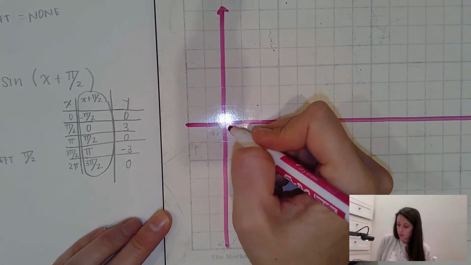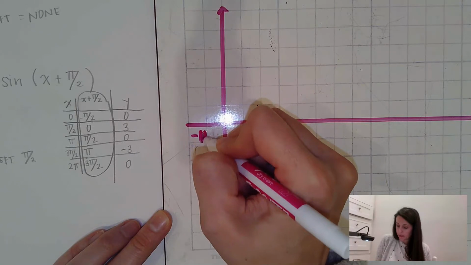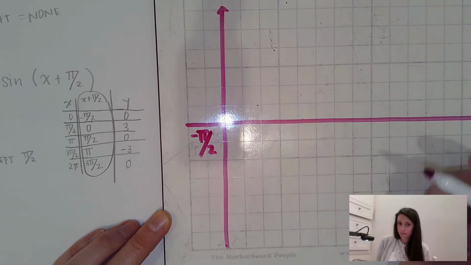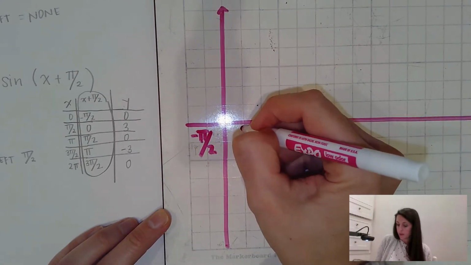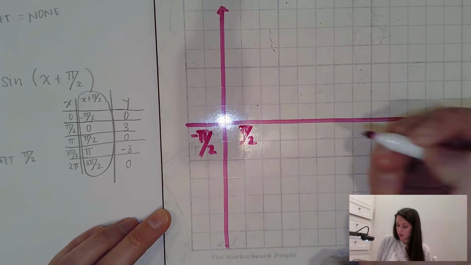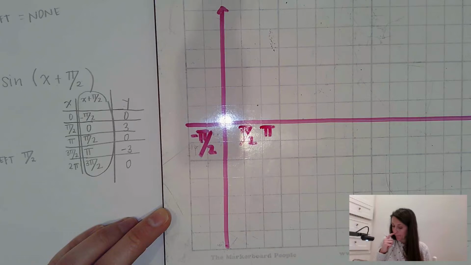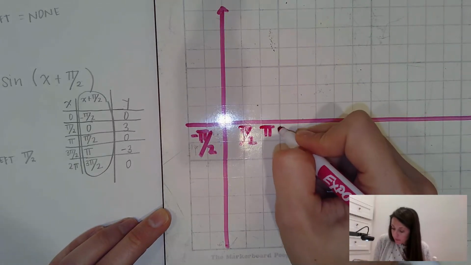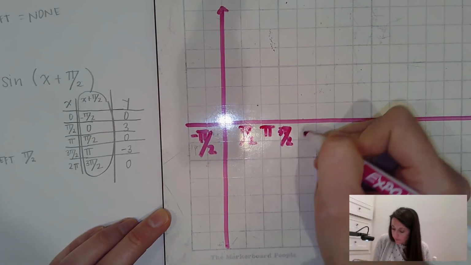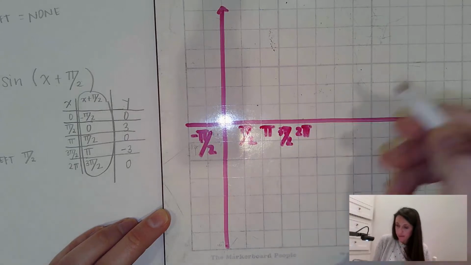I am going to have a negative pi over 2, a 0, a pi over 2, a pi, 3 pi over 2, a 2 pi.